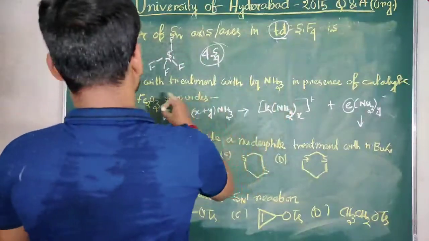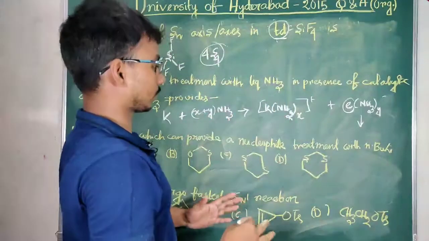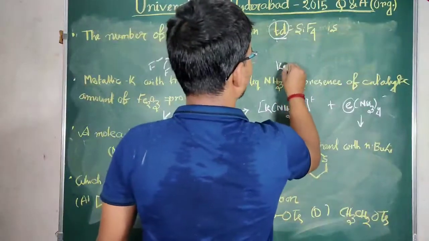But our question is, when K is treated with liquid NH3, what will be produced? It produces KNH2.